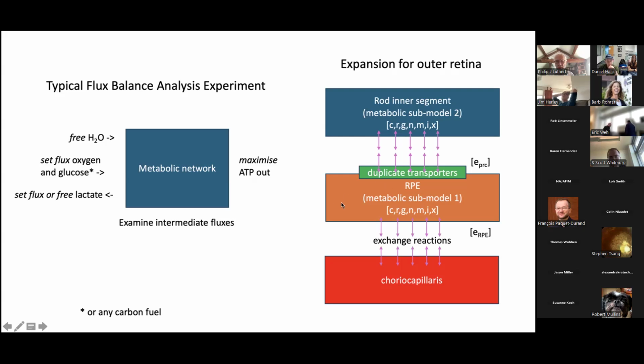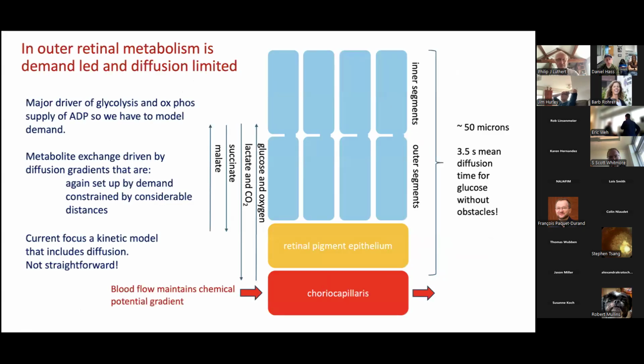And of course, when it comes to refining these kinds of models, refining the transporters is a key part of it. And we've played with that, but it really doesn't begin to grapple with what's really interesting. And the issue, and I was a bit slow to wake up to this, but I think it'll probably be obvious to people on this call, is that outer retinal metabolism is demand-led and diffusion limited.